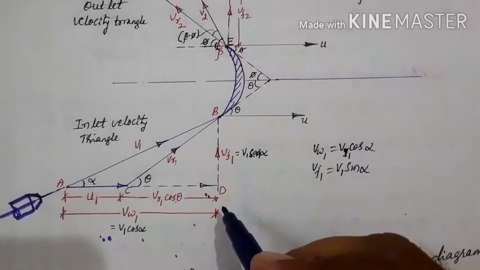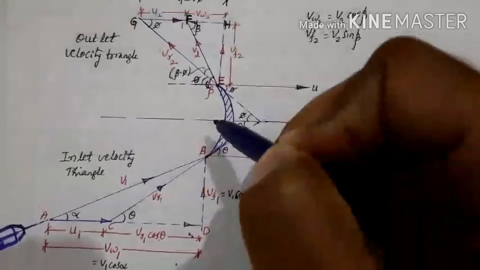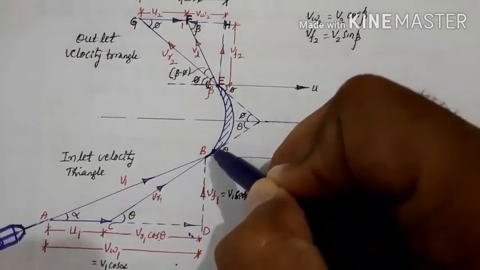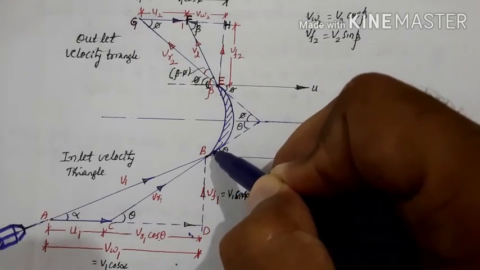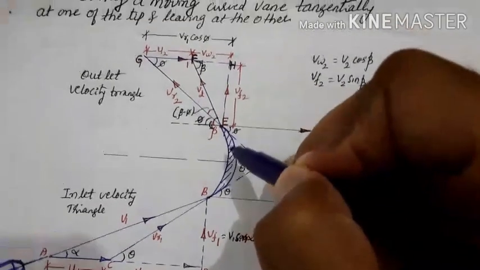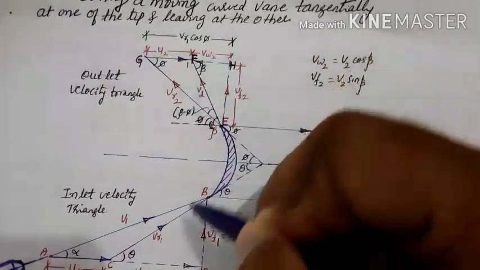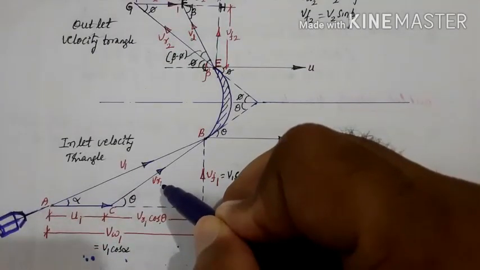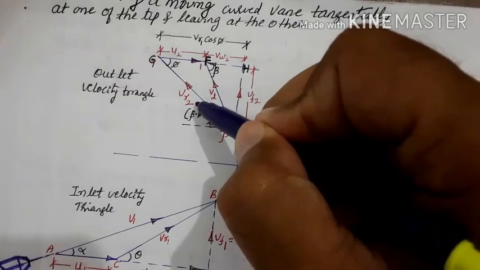Then the jet is entering with a relative velocity VR1, and assuming this blade passage is very smooth, there is no frictional loss here. If at all frictional losses are present, the jet coming out of the blade passage will come with a different velocity. So here I am considering the inlet relative velocity VR1 and the outlet velocity VR2.